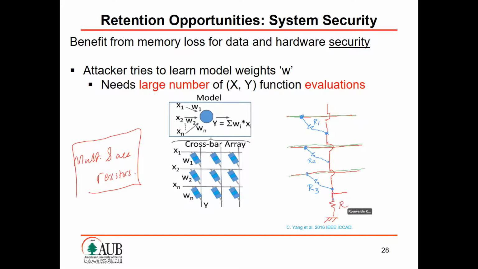Okay, now let me assume that I am applying at this node here a voltage V1, and at this node here I'm applying 0. خلينا نشيل هيدا بس نعتبر هلا عم نقيس الكرنت حتى ما نصعب عليكم. خلينا نعتبر that we are sensing here the current that is passing through this line. Okay, that we are measuring I that is flowing here through some device. Okay, and let me assume that I'm applying V1 here, a 0 here, and then V2 here.